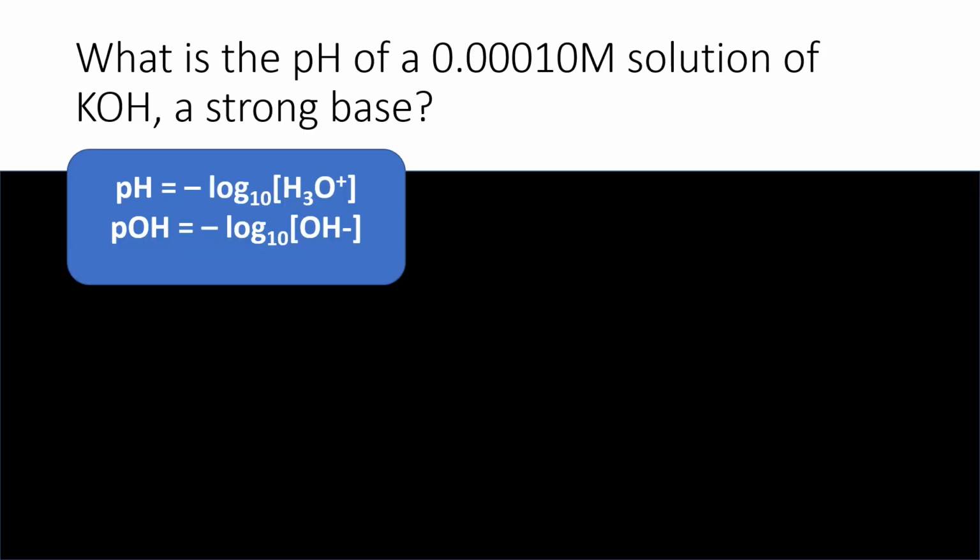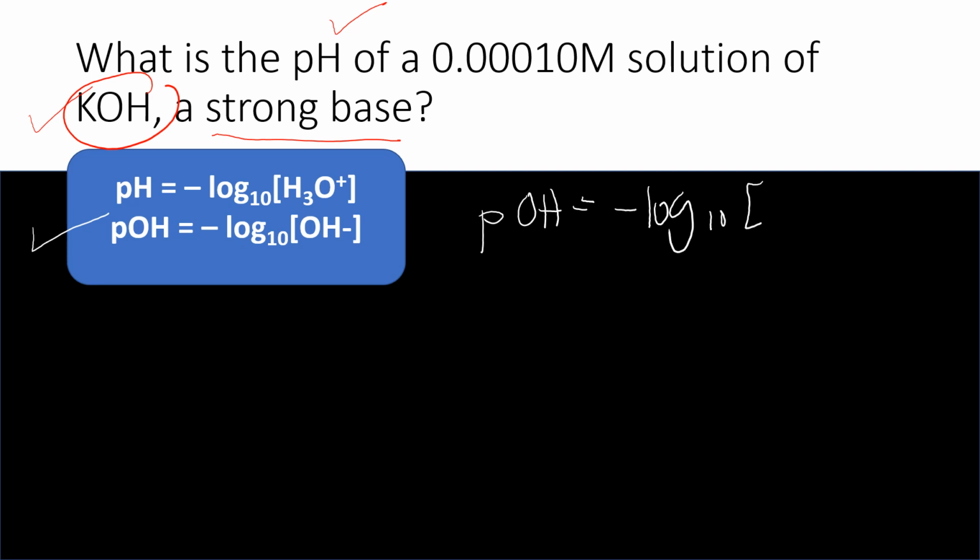So this is a similar problem as we had a while ago, but we are having a strong base, potassium hydroxide. So meaning they still completely dissociate, and you are asked for pH given your strong base, or you will be computing for your pOH. So given this formula, pOH is equal to negative log 10 of your hydroxide ion concentration.